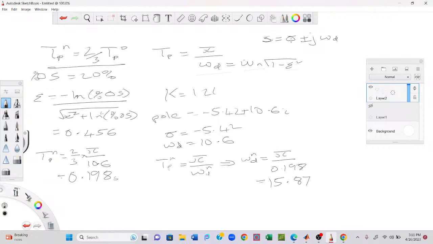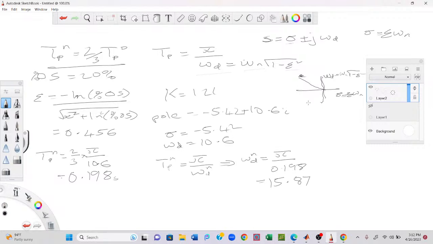We know this is equal to omega n, and this is equal to omega n square root of 1 minus zeta squared, and that line will be represented as that.